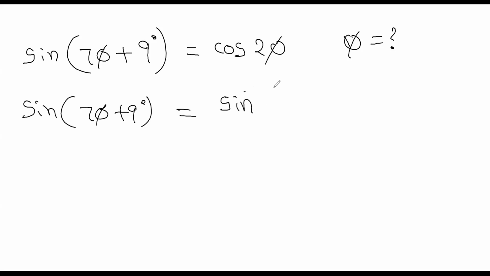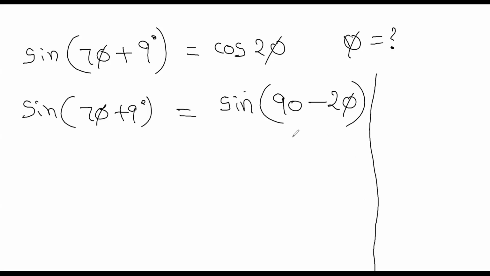Minus 2 phi, or it can be plus also. So we will get two values for phi, because in the first quadrant the sine is positive, and in the second quadrant also the sine is positive.